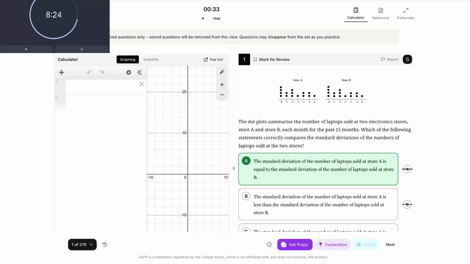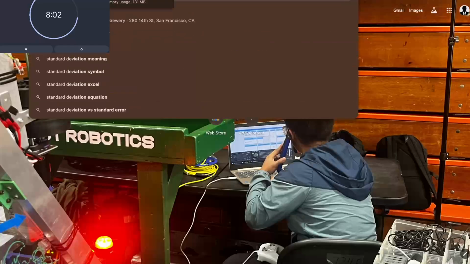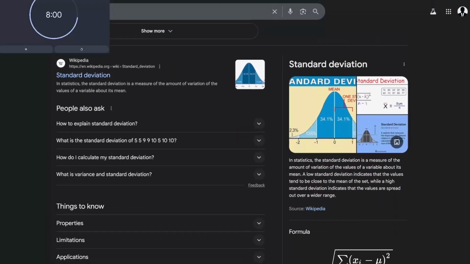Remember, standard deviation is how much the data spreads out. There is an empirical rule, and I'm probably 100% correct on this one. It's 95.7, which is pretty much saying... actually, it's better if I show you guys standard deviation right here.